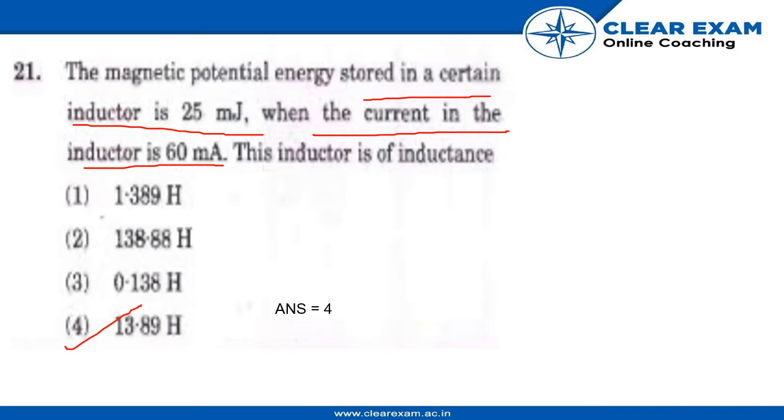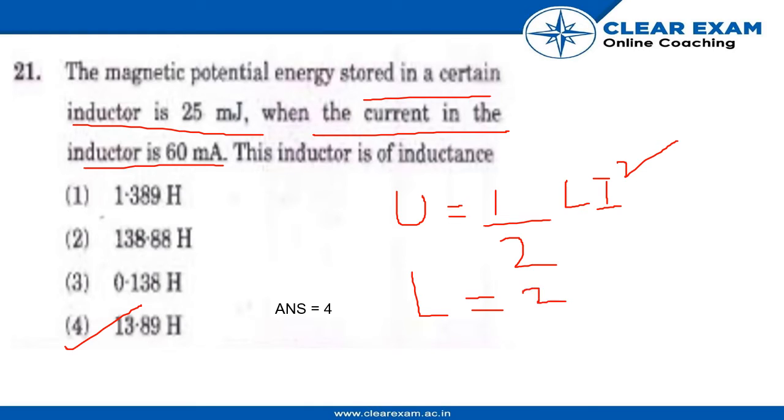Okay, so the energy stored is given as U equals half L I square. Okay, so we transpose the L to the LHS, we get L equals 2U by I square.